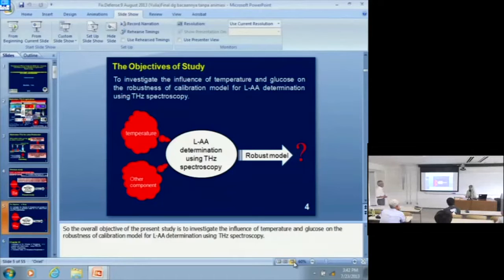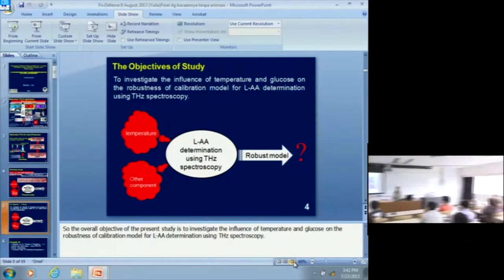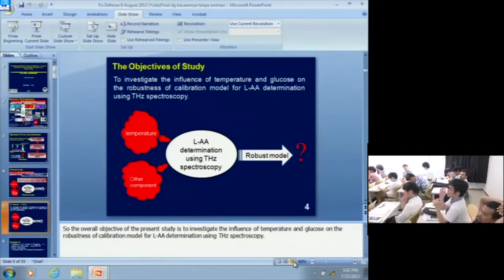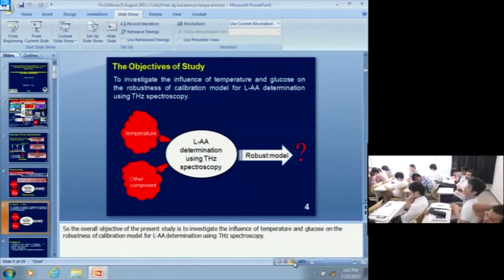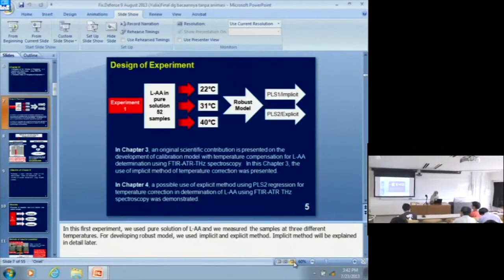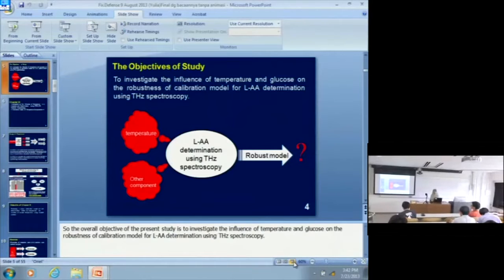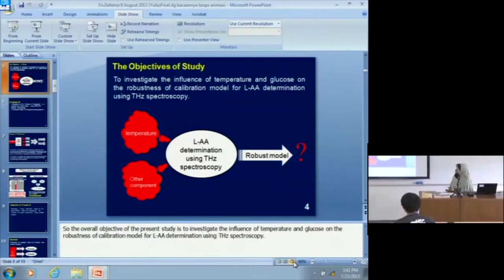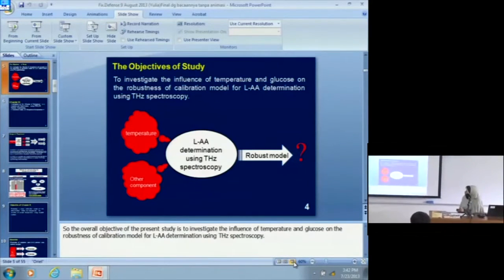So my suggestion is to emphasize here that the objective of this presentation is only temperature, the effect of temperature, so everyone can follow. So we don't need chapter 3.